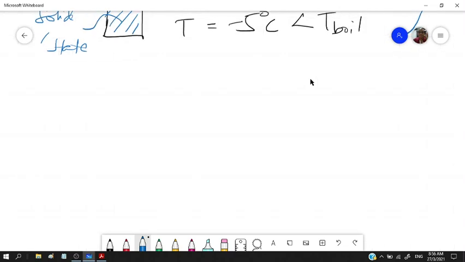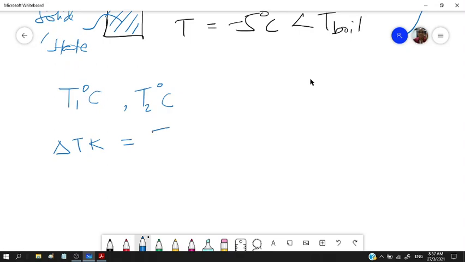Let's say we have T1 given in degrees C, and T2 also given in degrees C. You want to calculate what the delta T is in Kelvin. What we do is delta T is T2 minus T1.